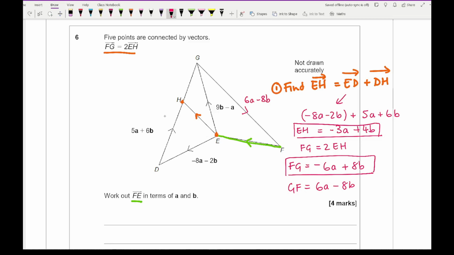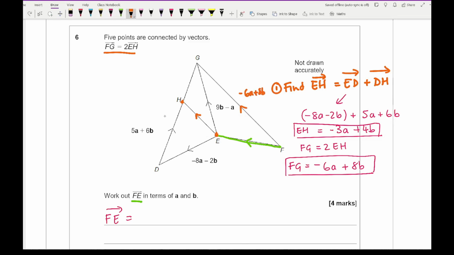So now I've worked out what f to g is, or g to f is, I can then work out what f to e is going to be. Now the route I'm going to go for f to e, actually I don't need to work out the opposite of that one, so let me just get rid of that. And f to g is minus 6a plus 8b.